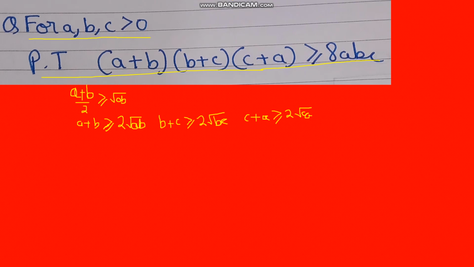Multiply these three inequalities. Multiplying these three inequalities, we will get our parent, the question we need to prove.